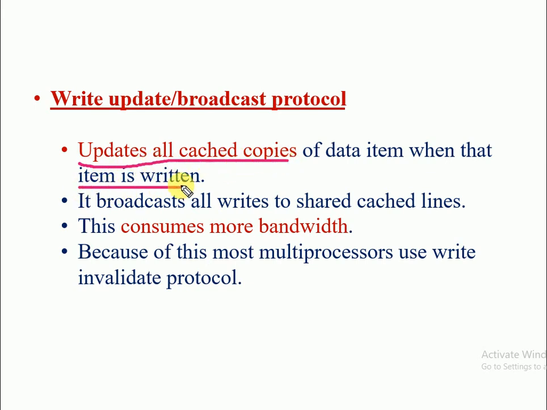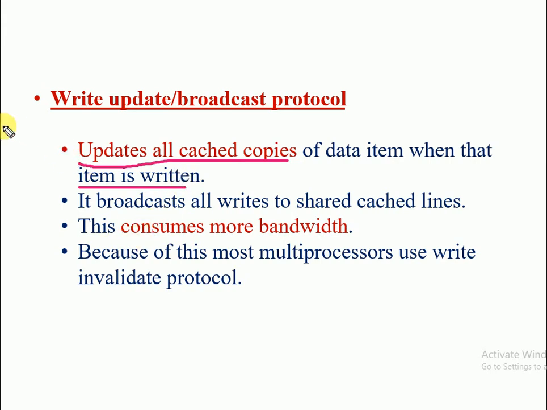So if that item is written by A, now the new value must be updated on all the cached copies of the same data item, that is by different processors. That means it broadcasts all writes to all the shared cache lines.